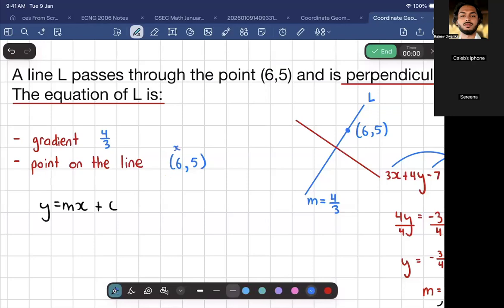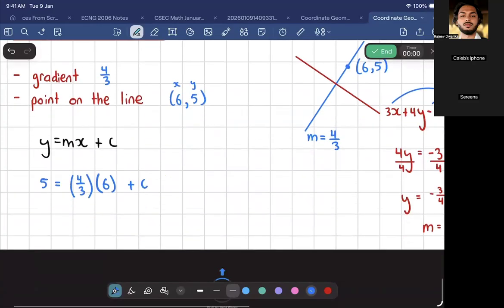So tell me, what is the y value? 5. And what is the gradient? 4/3. What is the x value? 6. All right, great. What is 4/3 by 6?